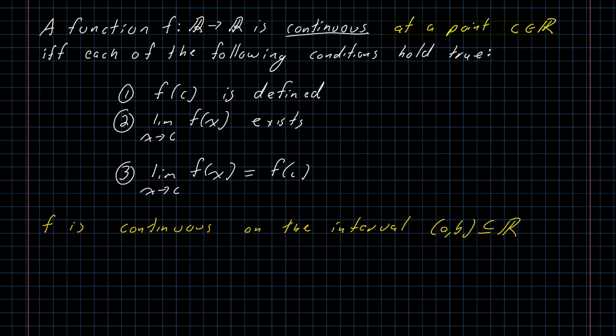We can have that f is continuous on some interval, right? The interval from a to b, a subset of the real numbers. And that's going to be the case if and only if f is continuous at each point c inside that interval.